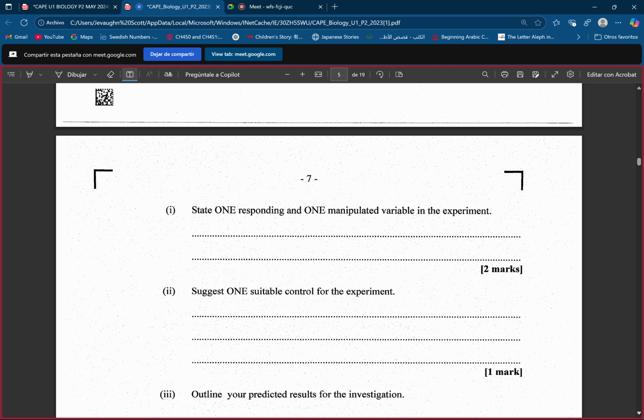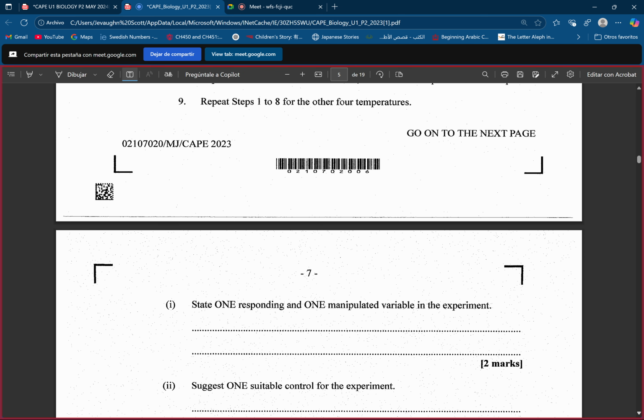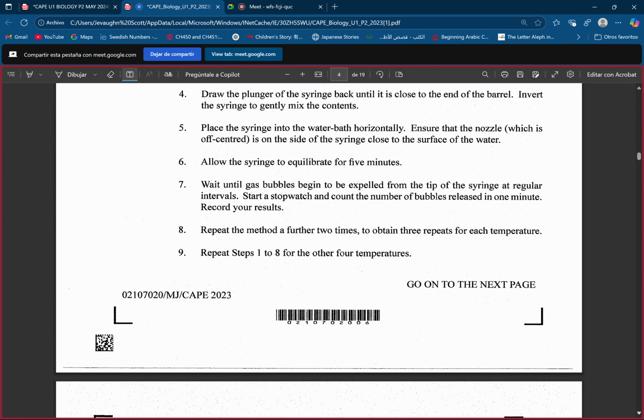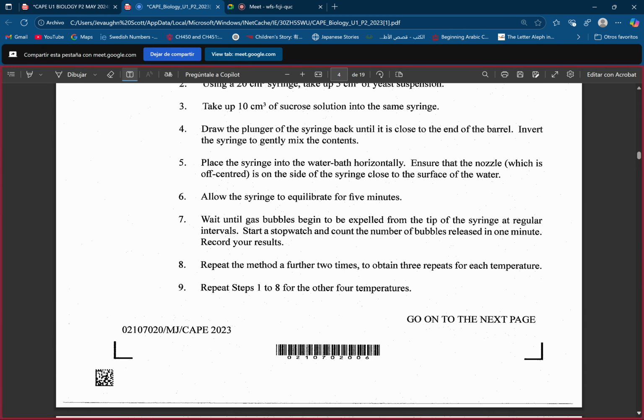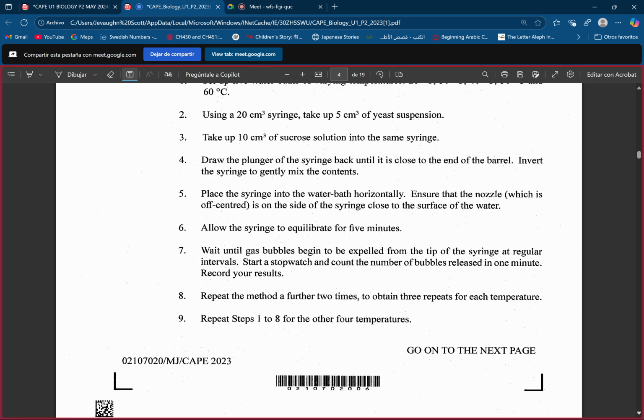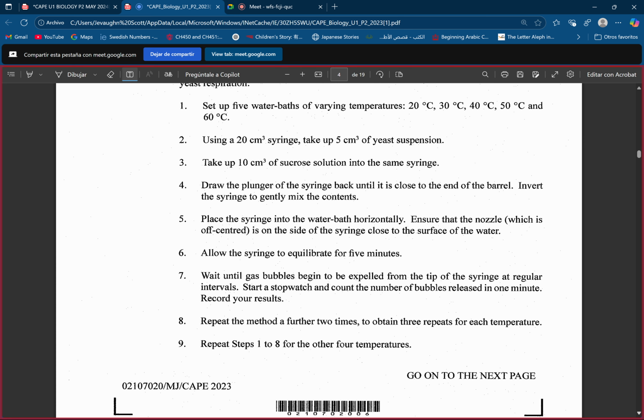If it's a respiration experiment, we know the manipulated variable would be the temperature and the responding variable would be the number of gas bubbles seen per minute, before even looking at the steps. So let's look at the steps. We vary the temperature, therefore that is the manipulated variable. Everybody can see that, right? We are varying the temperature.